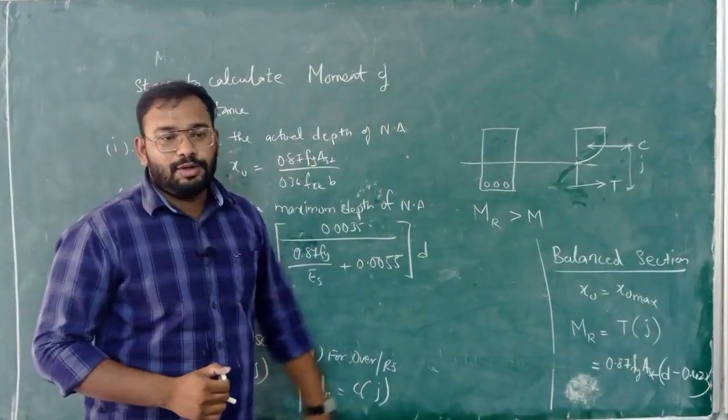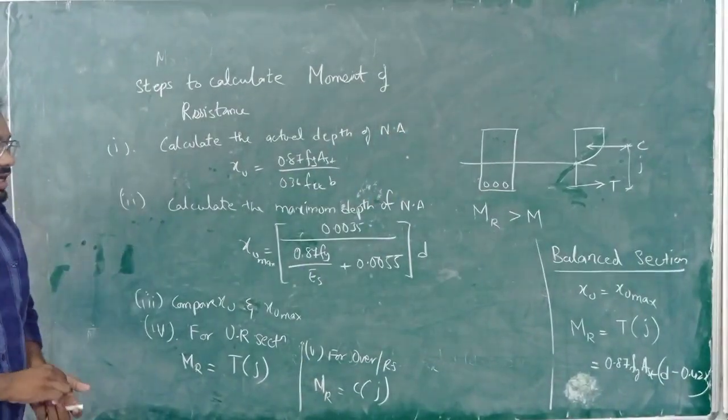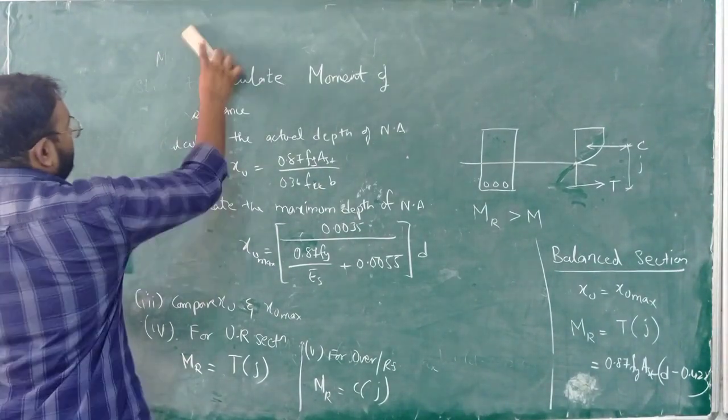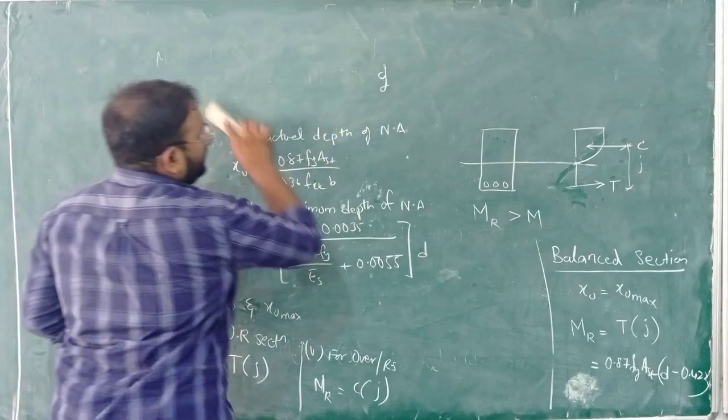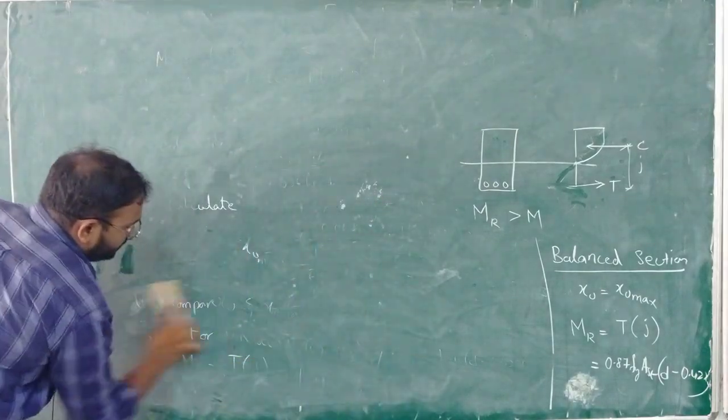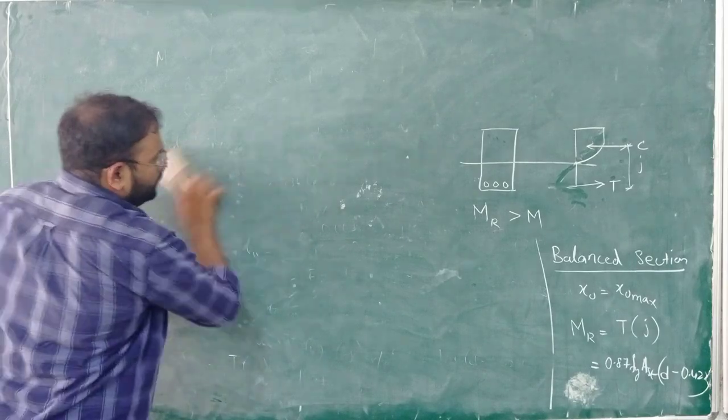Suppose you got a balanced section, then directly you have the formula, that is T multiplied by J. So these are the steps to calculate moment of resistance.